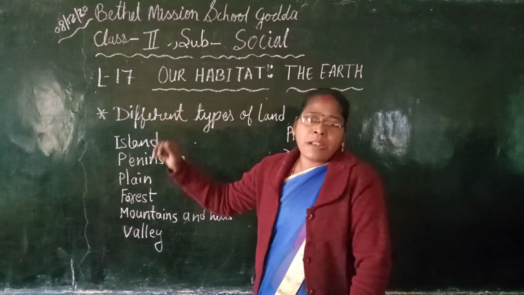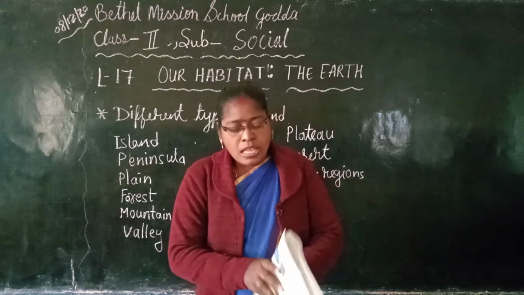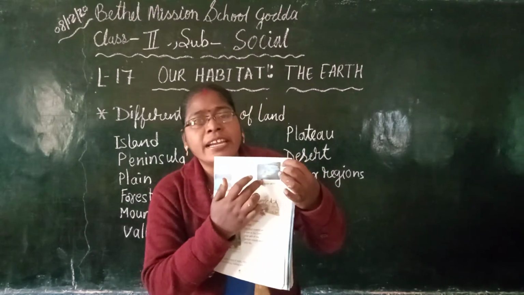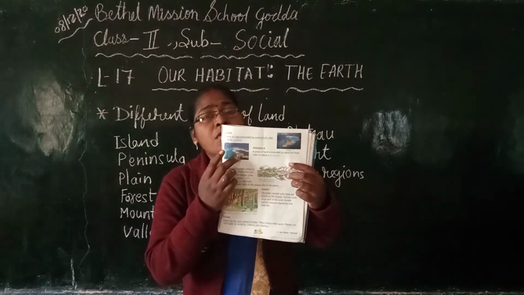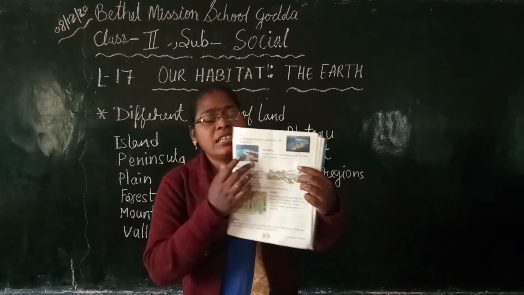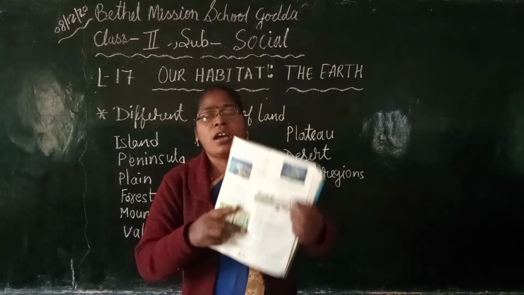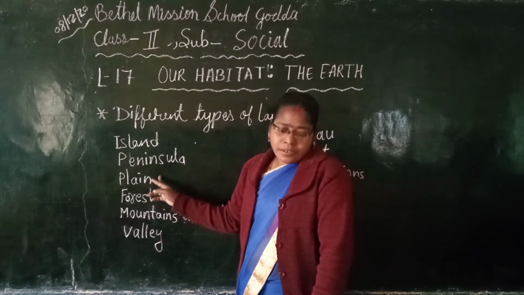An island is a piece of land surrounded by water on all sides, and a peninsula is surrounded by water on three sides.